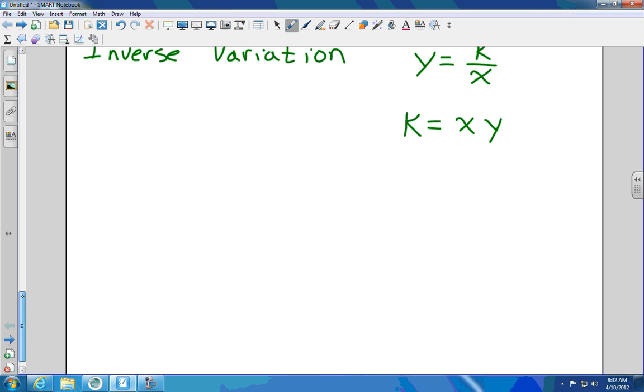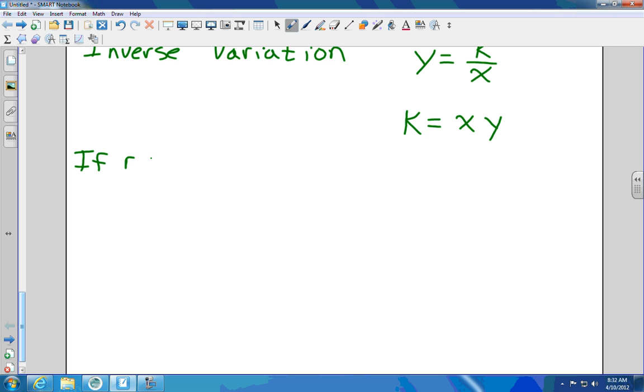So an inverse problem, and I think they use some different letters. I think they use R and T probably for rate and time. If R varies inversely as T, and R equals 18 when T equals -3.